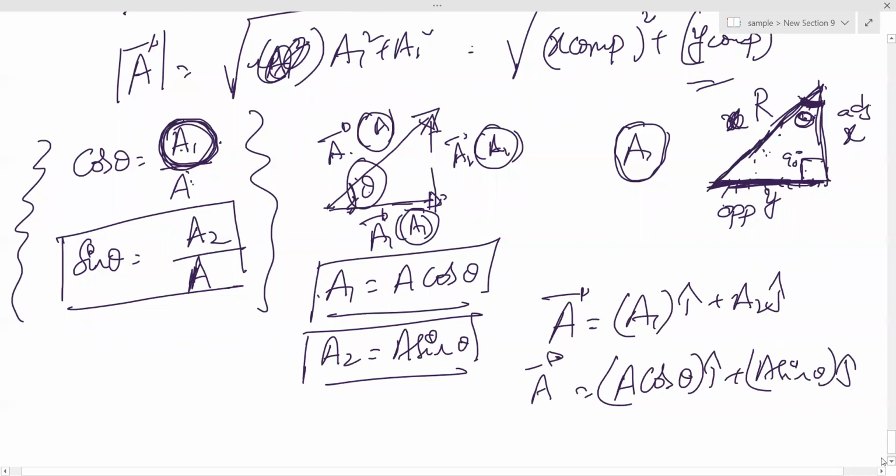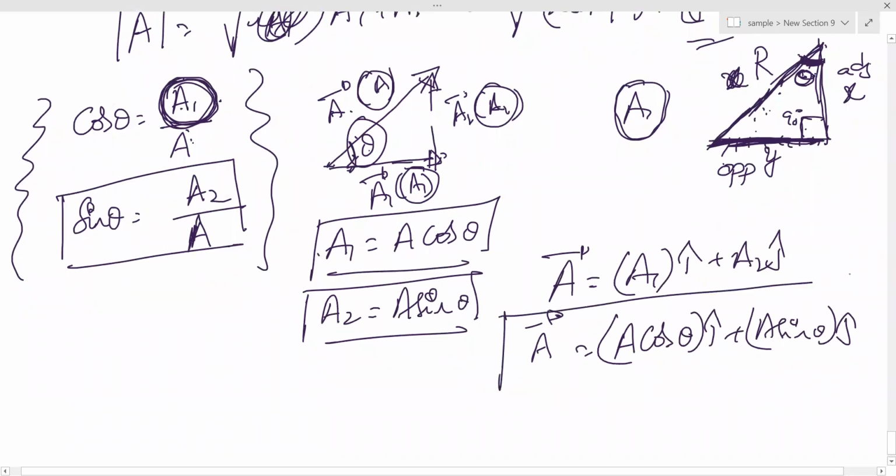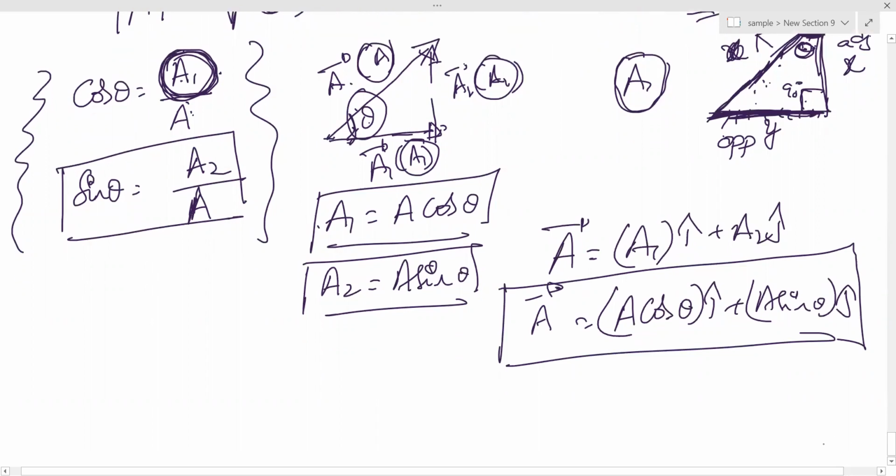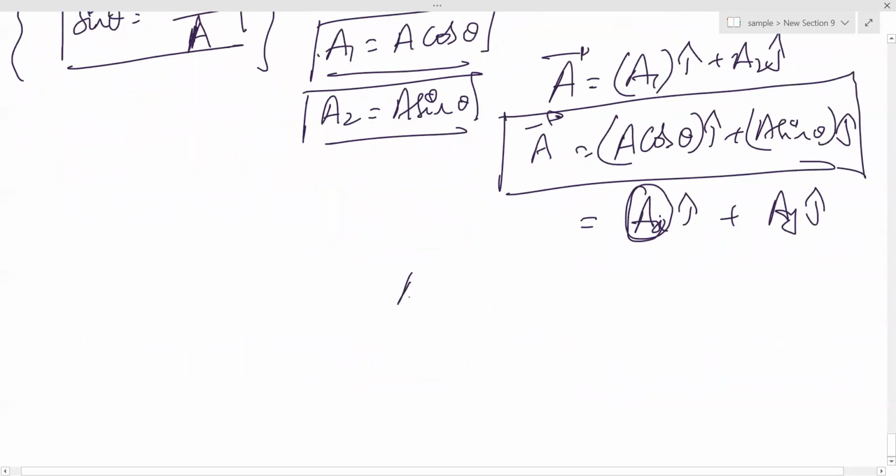So this is another way of representation, also called AX I cap, the X direction component, plus AY J cap, the Y direction component. So this AX has become A cos theta, AY has become A sin theta. In this diagram, not every time, because depending upon theta, that value will change, okay?